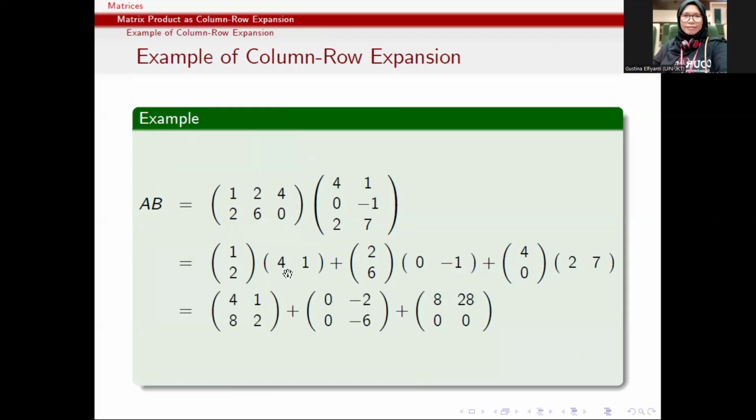It's just like multiplication of matrix. And we get this result for the product of AB.